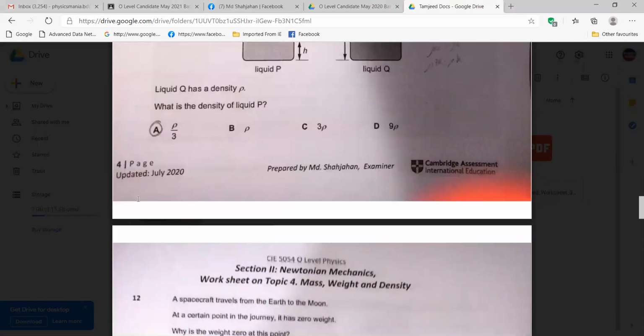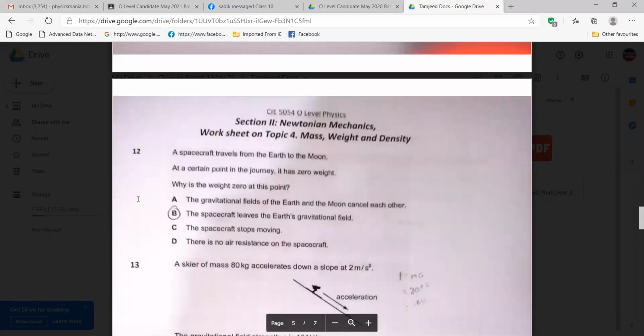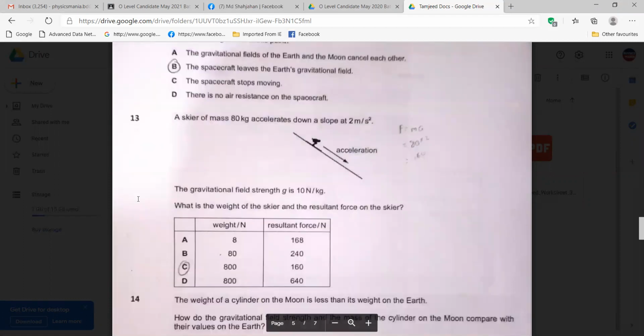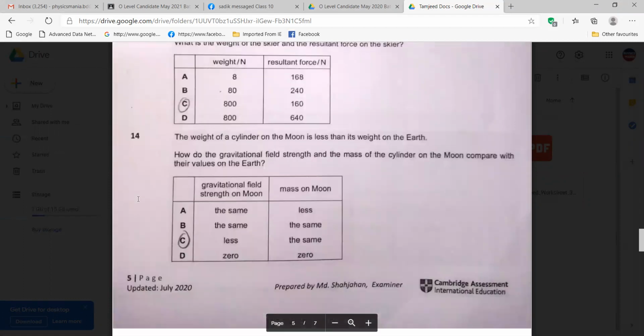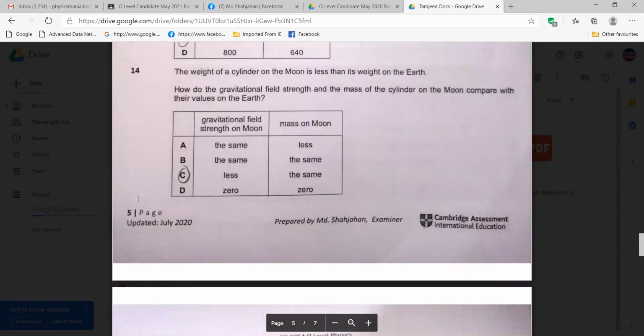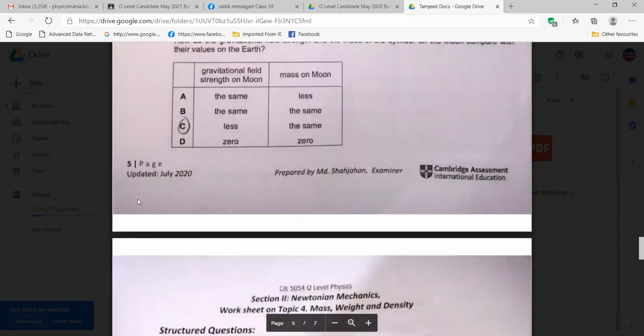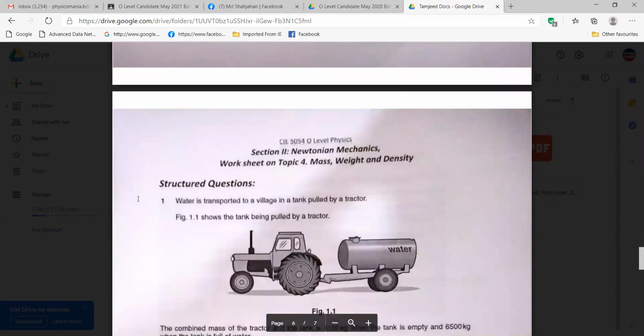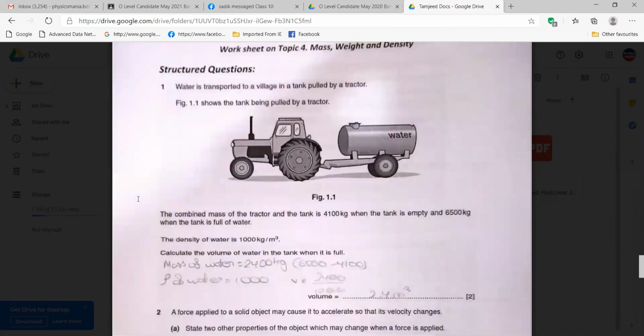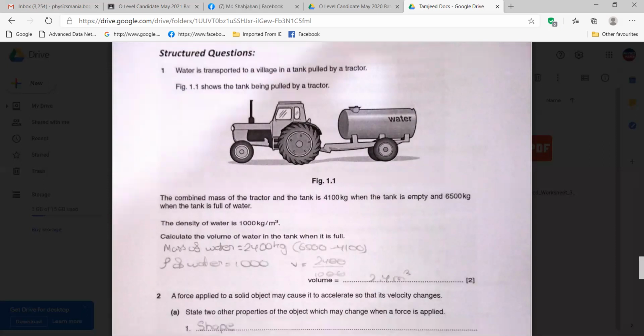Four corrections. Though it's an easy topic, you got four corrections in your MCQ part already. So we are going to the mark scheme again.